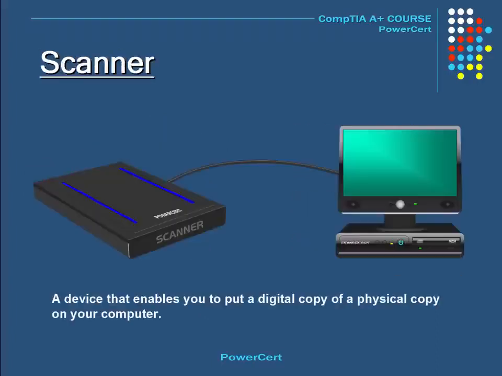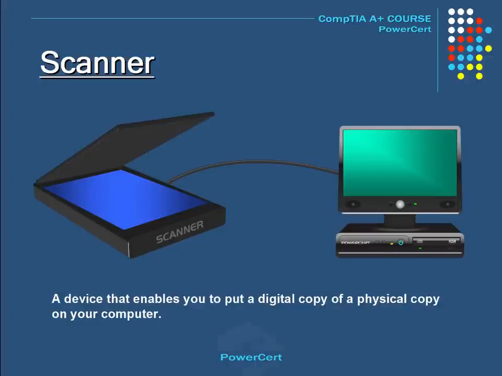Now, a scanner is a device that enables you to put a digital copy of a physical copy on your computer. So, for example, if you have a photo or a document and you wanted to put a digital image of that photo or document on your computer, well, that's what a scanner enables you to do.